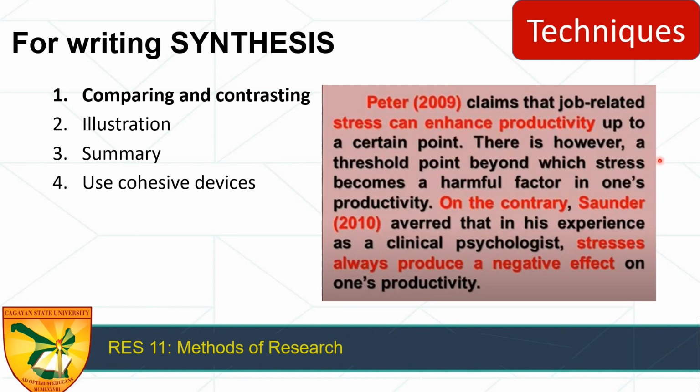There is, however, a threshold point beyond which stress becomes a harmful factor in one's productivity. On the contrary, Saunter in 2010 averred that in his experience as a clinical psychologist, stress always produces a negative effect on one's productivity. So you can see here the comparing and contrasting of what authors are saying about productivity.